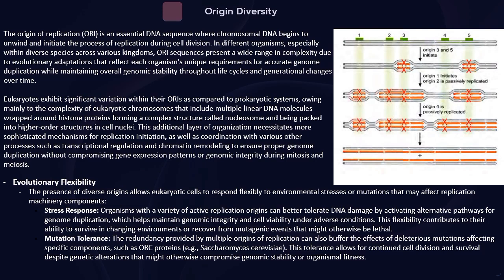Different organisms show variations in their origin of replication sequence in their genome, which arose from evolutionary adaptations over generations of an organism. Thus, the type of origin which an organism possesses directly reflects the evolutionary lineage or adaptation of that particular organism.